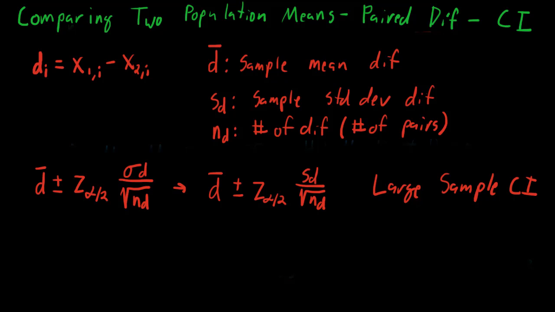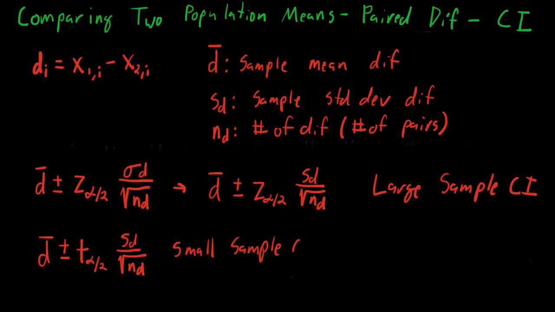Now if we want to do our small sample CI, we just use the t statistic, and we would get d bar plus or minus t sub alpha over 2, because again we're doing the small sample, times s sub d, since we don't know our sigma, over the square root of n sub d.